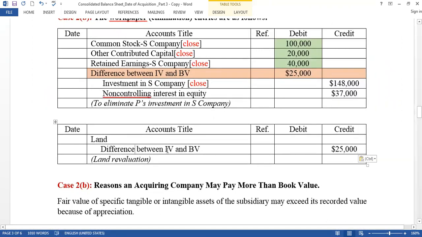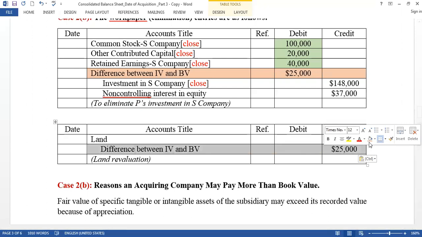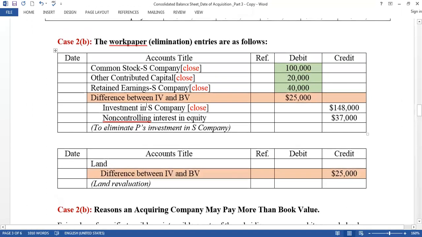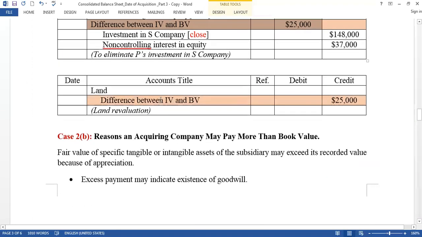Do you understand? Look at this difference. Before, you recorded the difference on the debit side, and you know that this difference should be 0. We put it on the credit side, and the difference becomes 0. And this $25,000 is going to be added to the land. We know that if land increases, it is a debit.